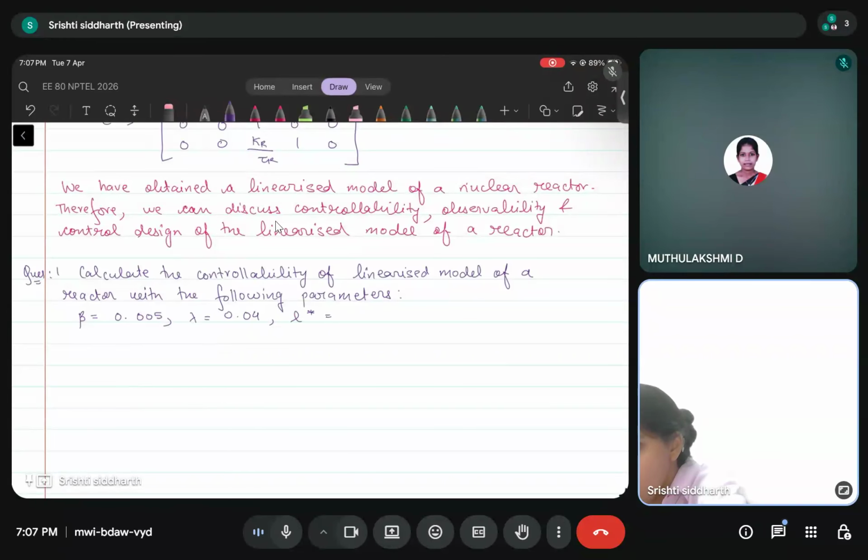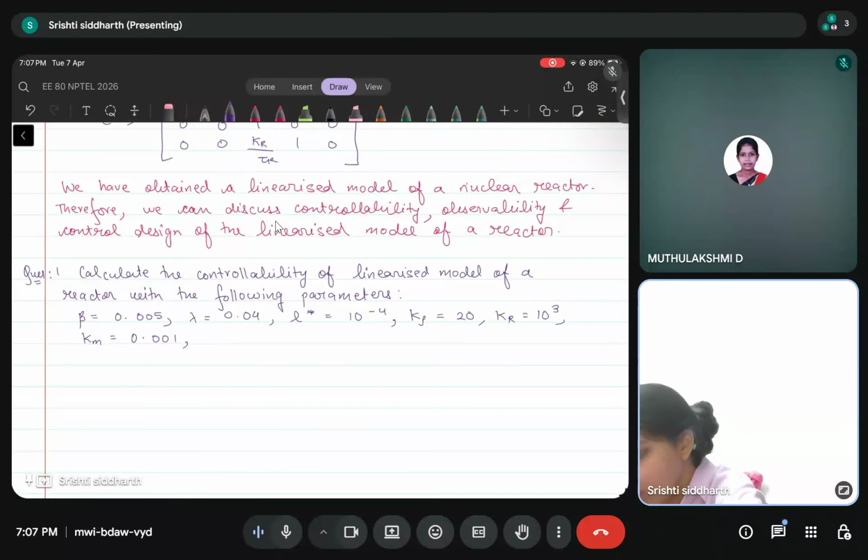L star is 10 to the power minus 4, K rho is I think 0, sorry, 20, Kr is 10 to the power 3, Km in this case is 0.001.